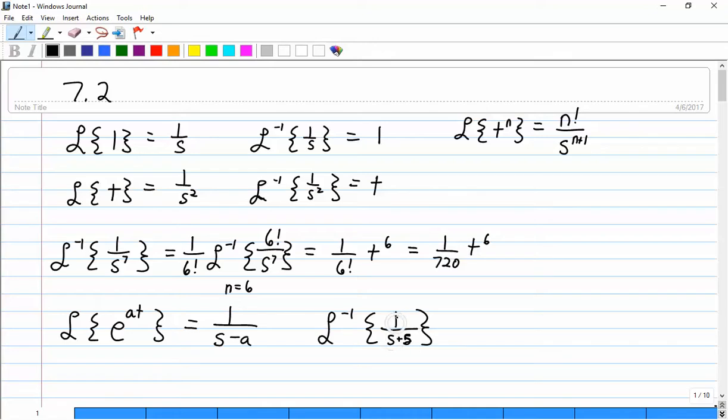So that would be like 1 over s minus negative 5, right? If you have to subtract in the formula, the only way you would be able to subtract and get s plus 5 would be s minus negative 5. So that means that it would be e to the negative 5t. Easy enough, right? Just going backwards.